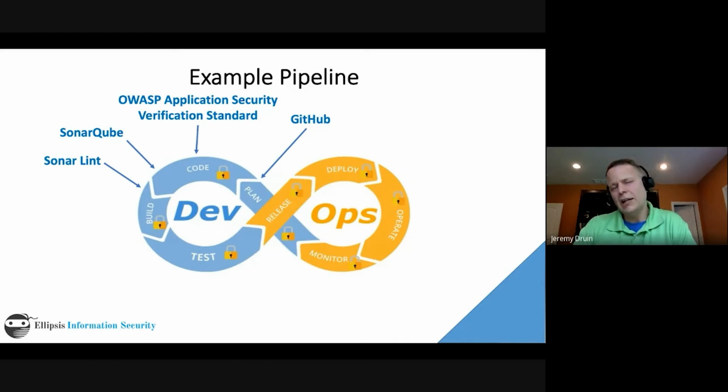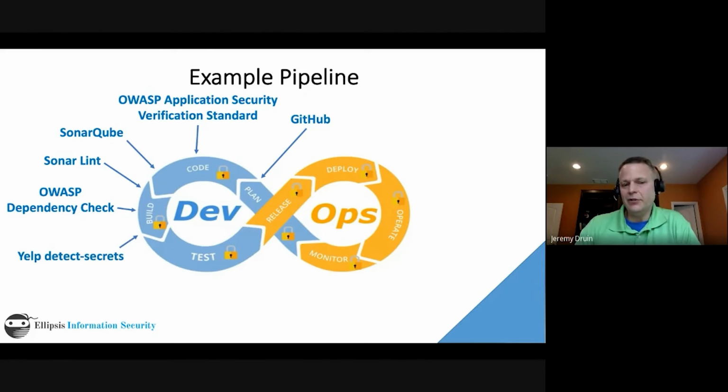So Linters are not truly security testing tools per se, but they do test aspects of security, even if it's not their prime directive. We talked about OWASP Dependency-Check for doing the software composition analysis. In other words, checking all the different third-party libraries that we're using. And Yelp detect-secrets to look for passwords, credentials, or private keys that we accidentally left in our source code.